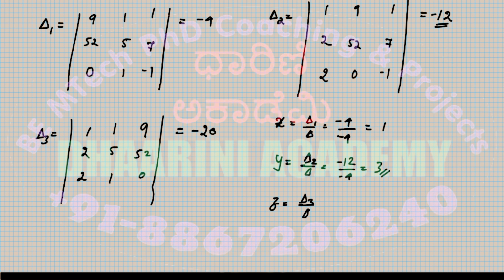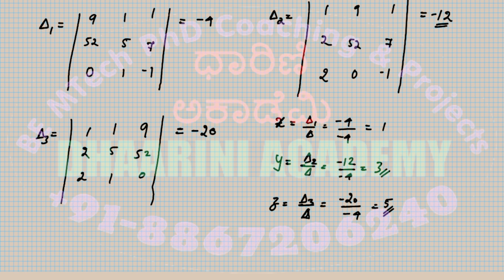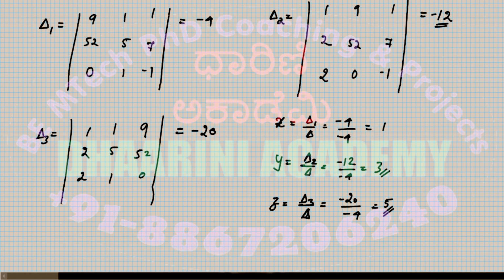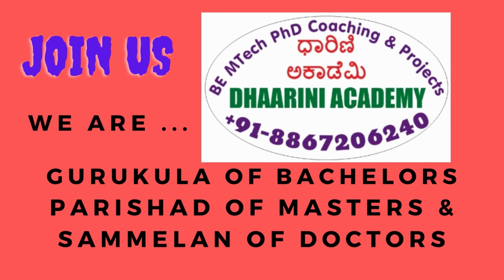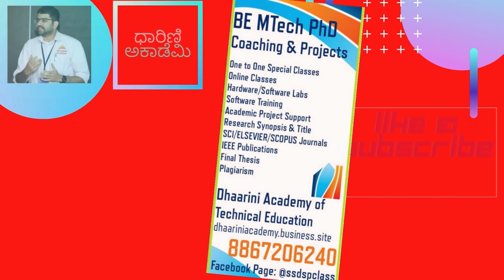Delta 3 is minus 20 divided by minus 4, so that is equal to 5. So this is how we can solve a system of linear equations with 3 unknowns using Cramer's rule.